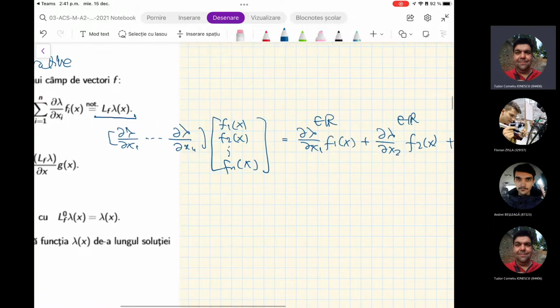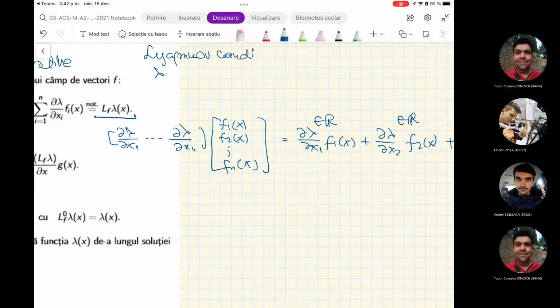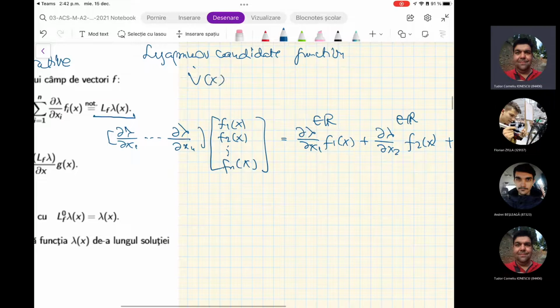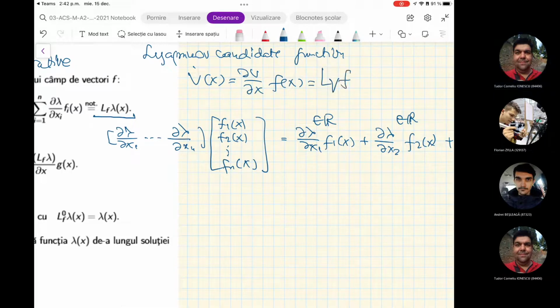If you remember, instead of lambda in the Lyapunov candidate function, okay, so V dot of x, because we were discussing V dot of x earlier, so we just recall V dot of x is dV dx f(x), so it's essentially L_f V(x).